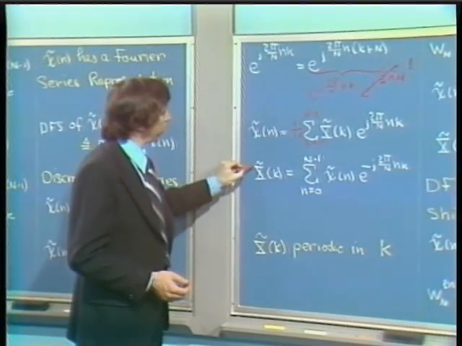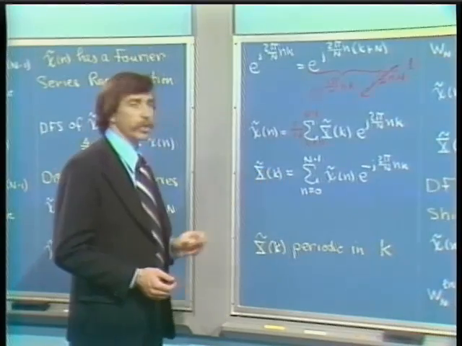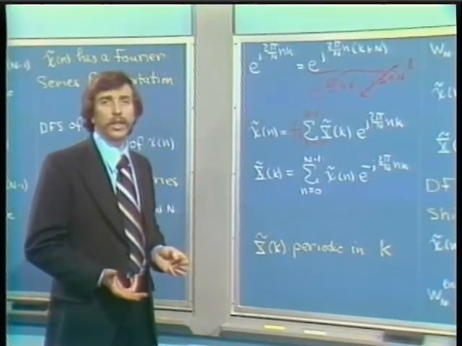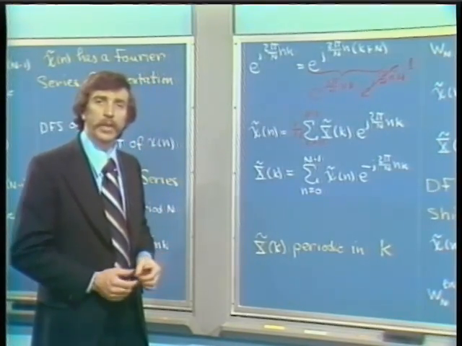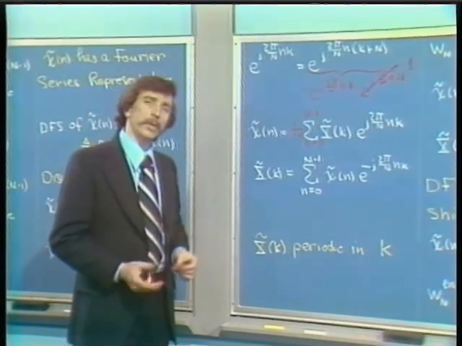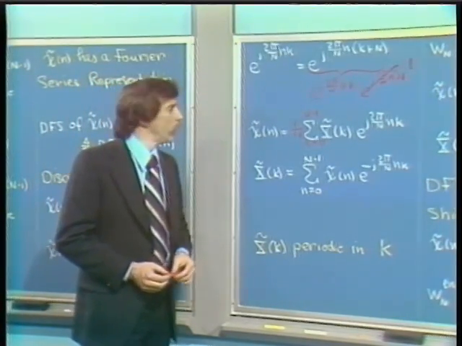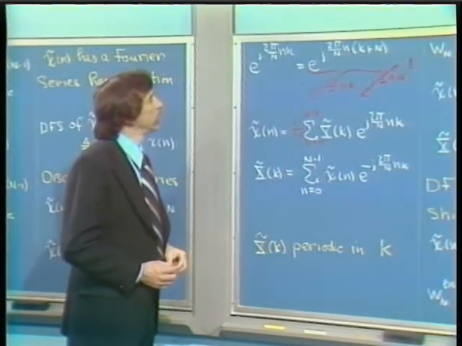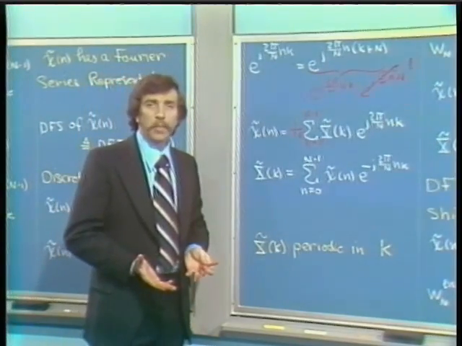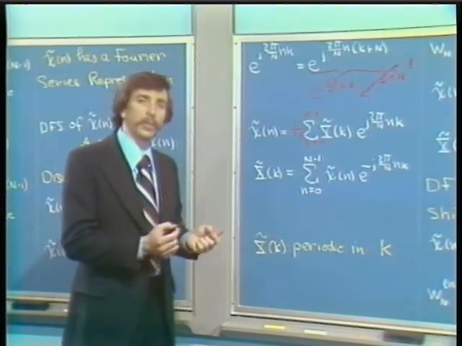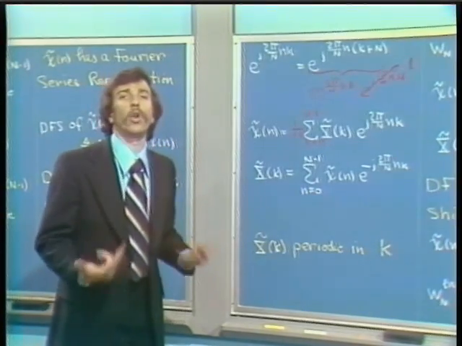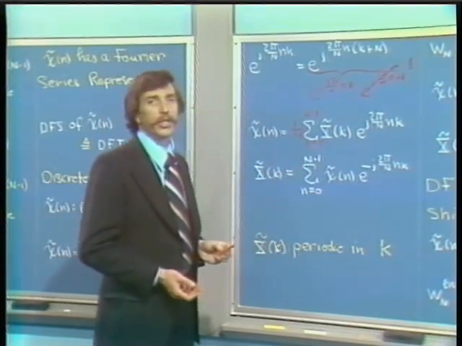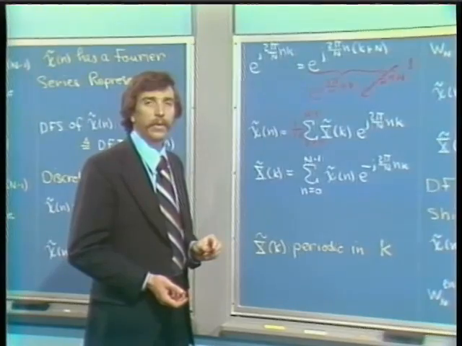Now, notice that I've happened to write the Fourier series coefficients with a tilde over them, implying that those coefficients are themselves periodic. Well, are they periodic or aren't they periodic? What I've been saying here, and I've spent a long time saying this, is that there are only a finite number of complex exponentials. Once I've looked at them in the range 0 to capital N minus 1, I've seen all the ones I can see. And in that sense, the Fourier series coefficients, x tilde of k, are finite.